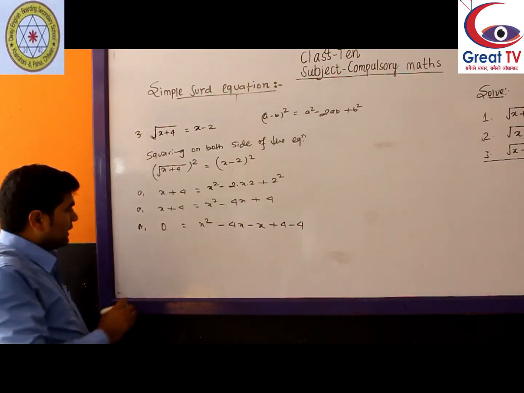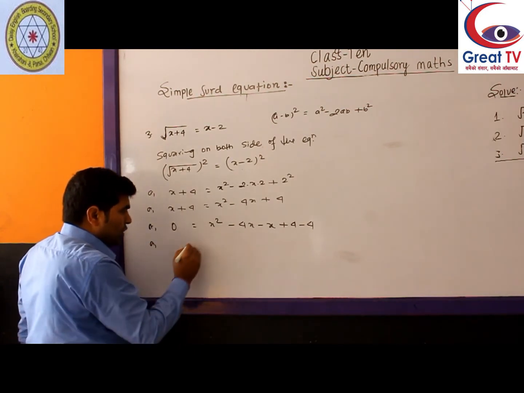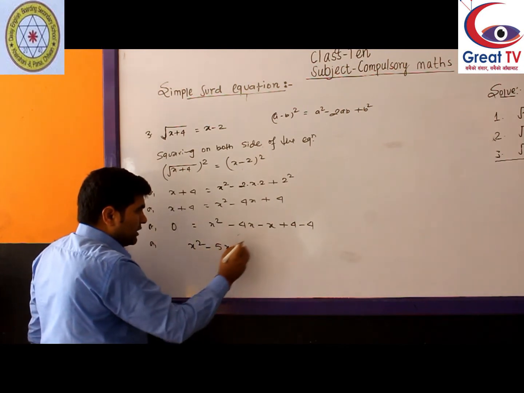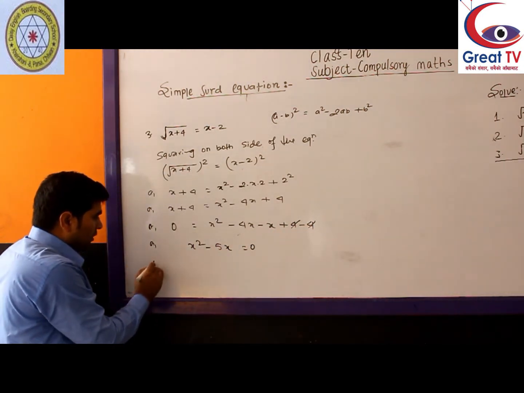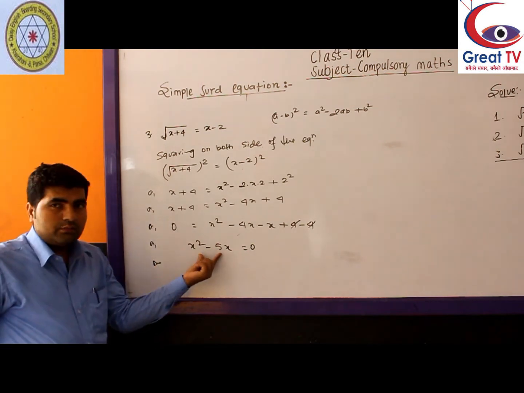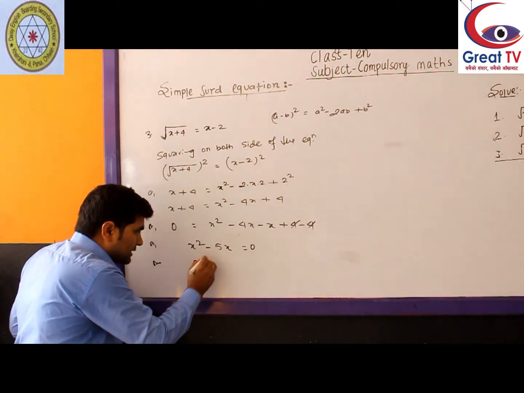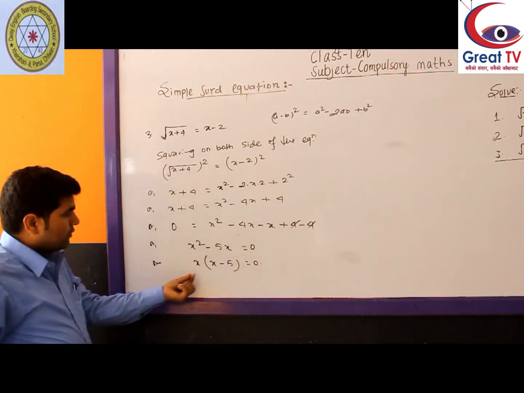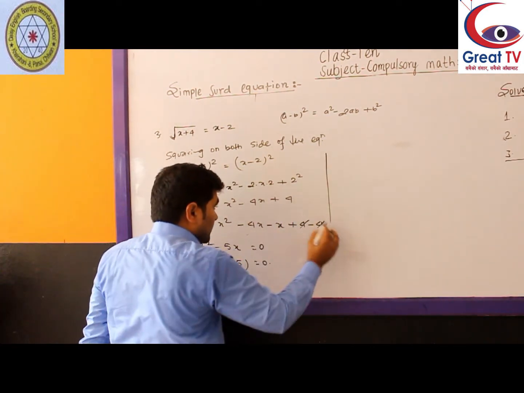Now the left hand side is only 0. So x square minus 4x minus x, minus 5x, equal to 0. This is the quadratic form, so we get two values of x. Taking x common, x minus 5 equal to 0. Either x equal to 0 or x minus 5 equal to 0.